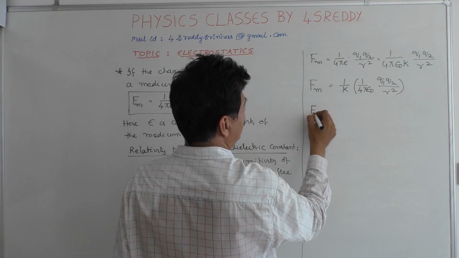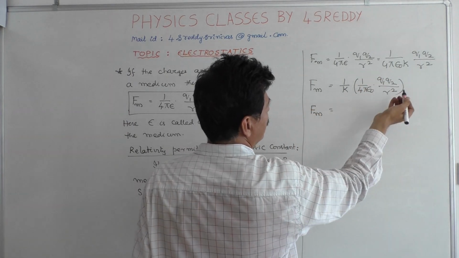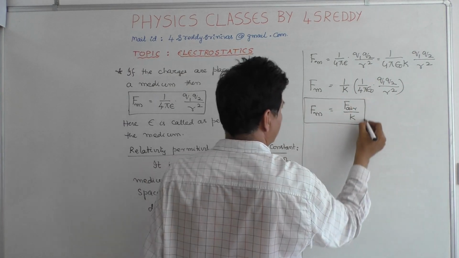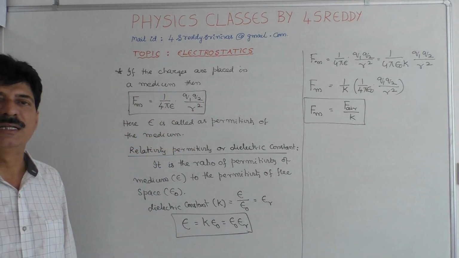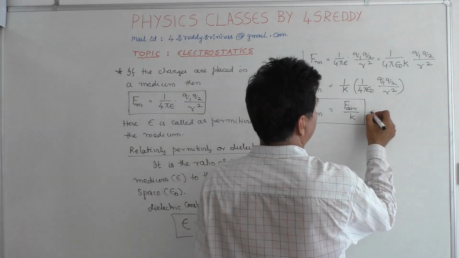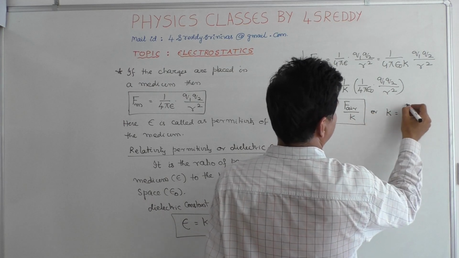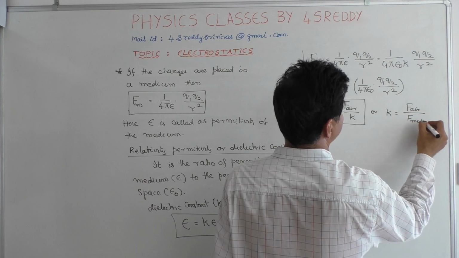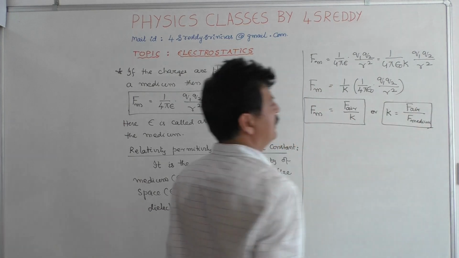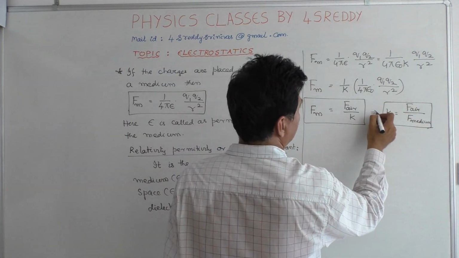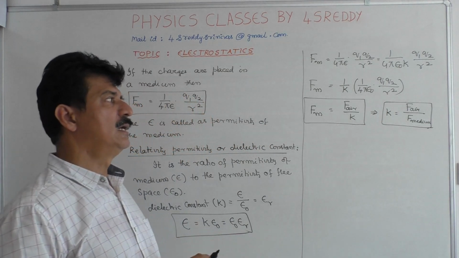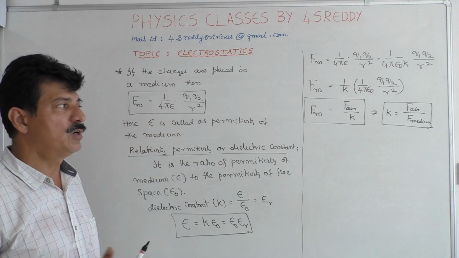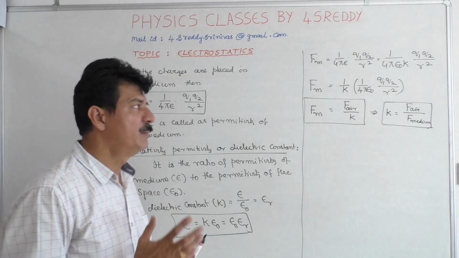Therefore, F in medium is the force in air divided by K. This is the relation between the force in a medium and the force in air. From this you can also define K equals F in air by F in medium. So the dielectric constant can also be defined, in other words, as the ratio of the force between two charged bodies when they are kept in air to the force between them when they are kept in a medium.